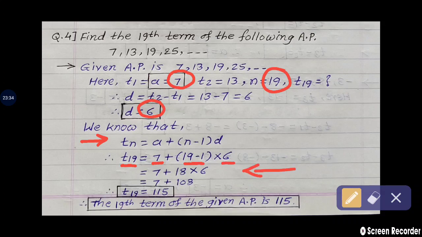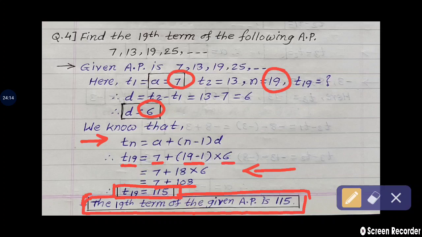Therefore, T19 is equal to 7 plus 19 minus 1, which is 18, multiplied by 6. 18 sixes are 108. So 7 plus 108 is 115. Therefore, T19 is equal to 115, and finally we write the answer in a proper sentence: the 19th term of the given AP is 115. Finally, we highlight the answer this way.